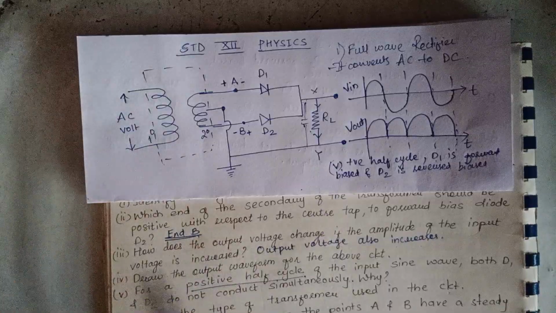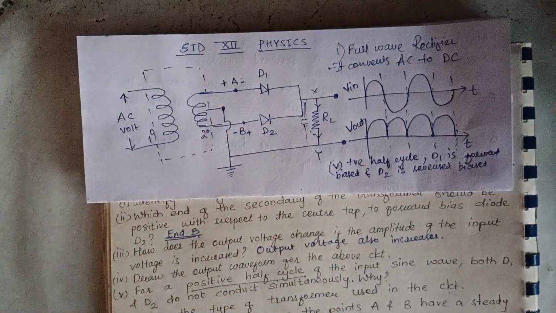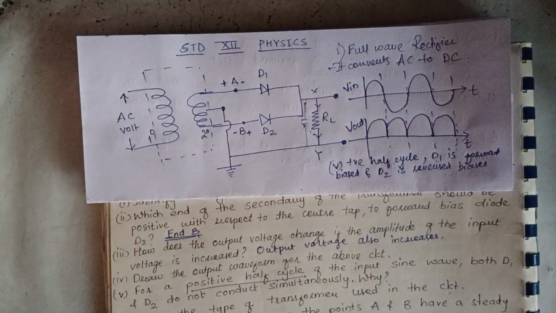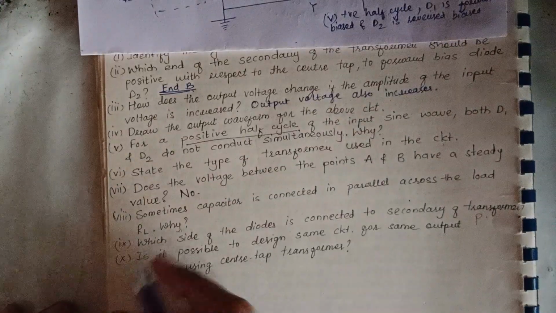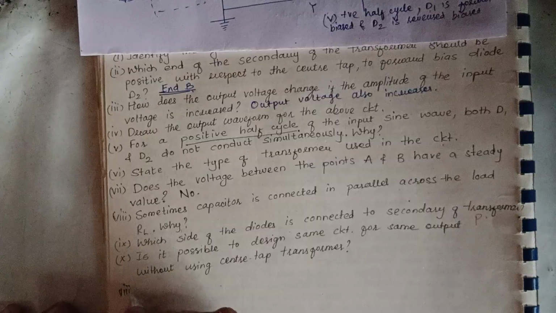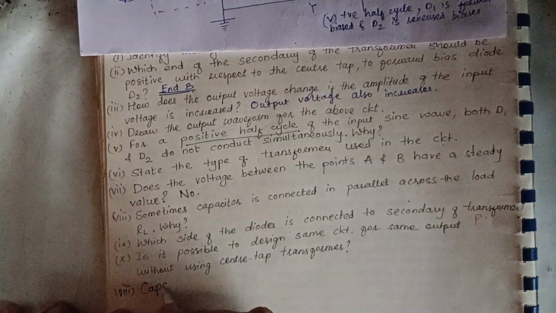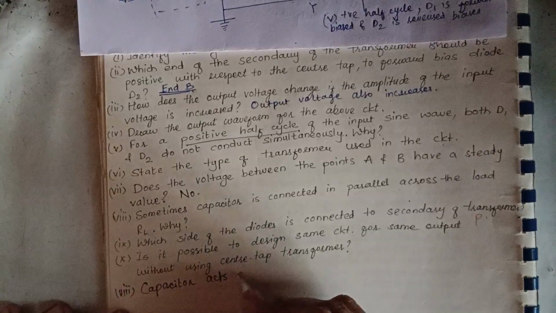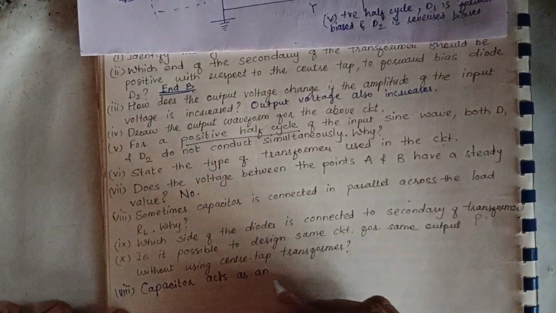This capacitor filters it and we get a steady output DC voltage, or a DC current. So you can write it as: capacitor acts as a filter.